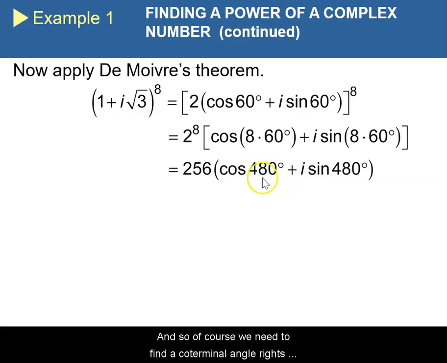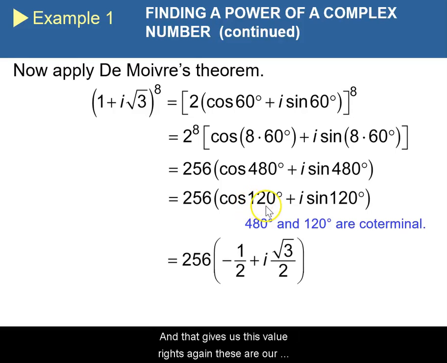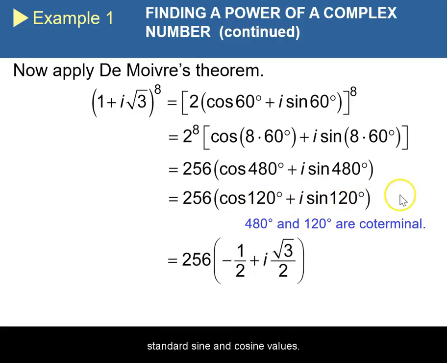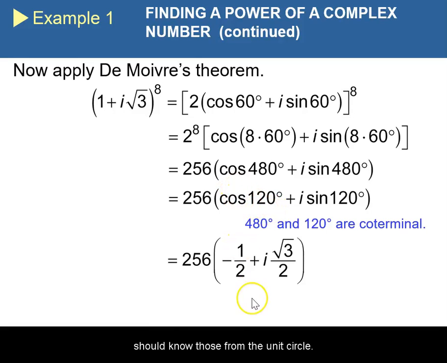Of course, we need to find the coterminal angle: 480 and 120 are coterminal. So we replace 480 with 120, and that gives us this value. These are standard sine and cosine values, so we don't have to plug them into the calculator. We should know those from the unit circle.